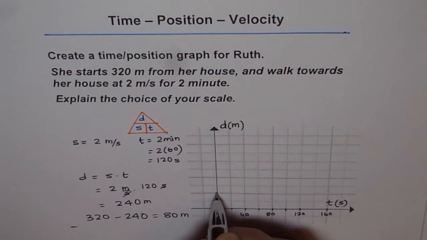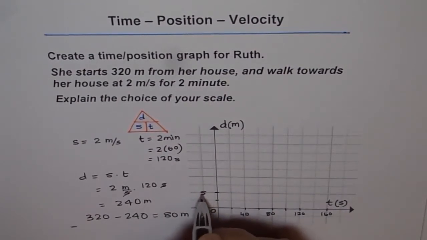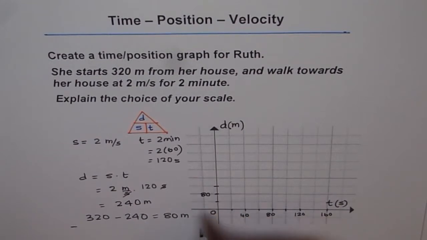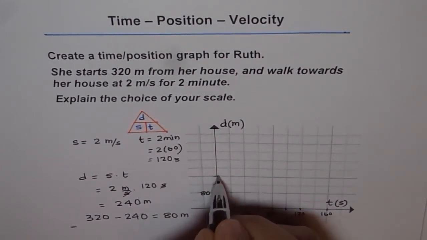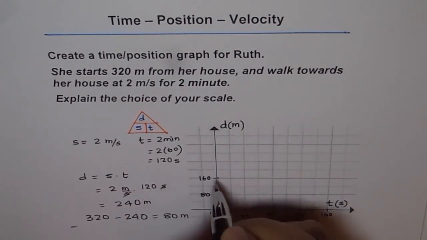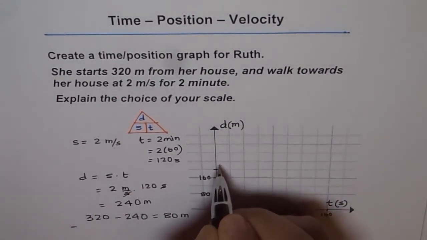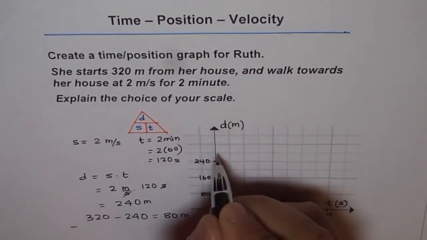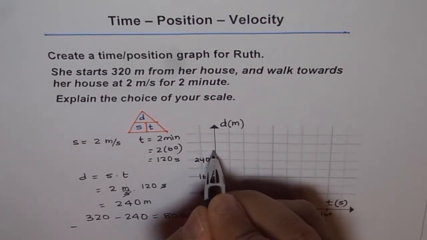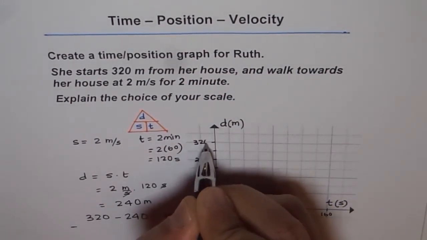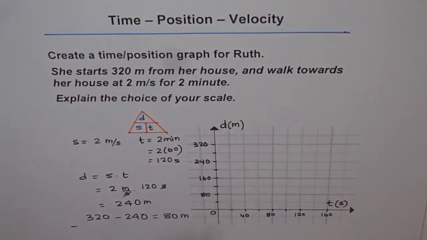So 40, 80, 120, I keep on adding 40s, 160, 200, 240, 280, and then we have 320. That is a good scale to choose.